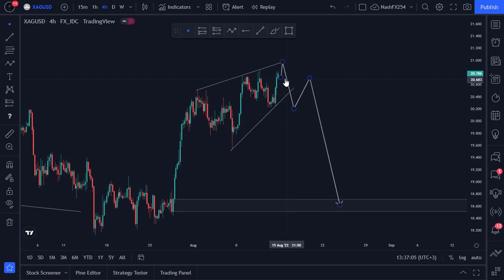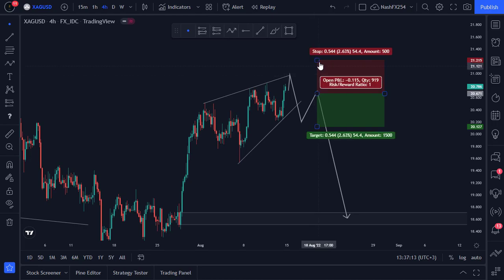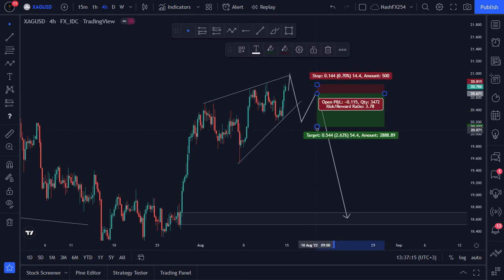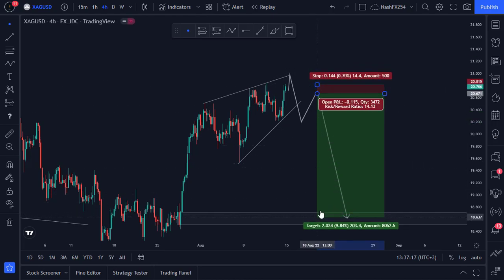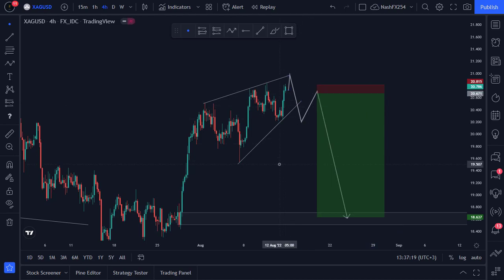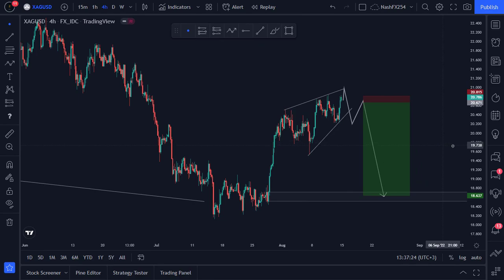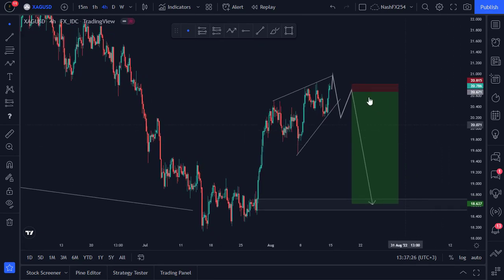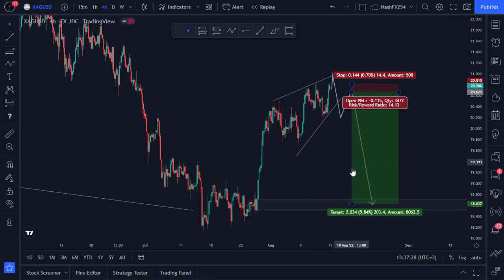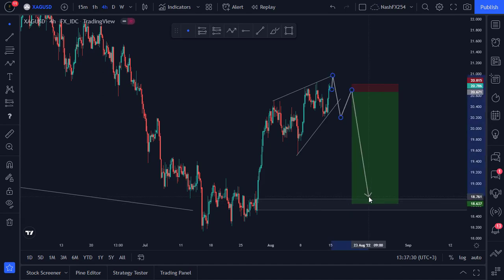Okay, so for this one, we wait for that first push to the downside, followed by a correction, and then we enter this trade on the down low. Okay, on the down low, we need this confirmation for us not to be caught on most of break evens or losing trades. Okay, so we need this extra confirmation for us to avoid such scenarios.